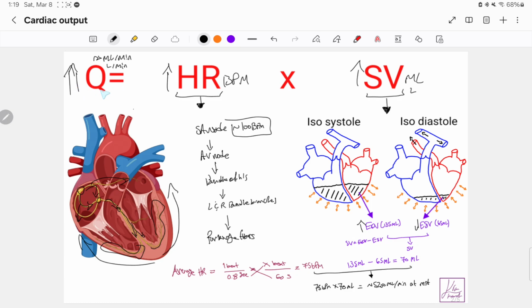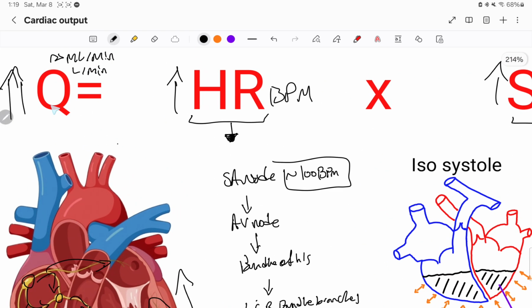But how much can the cardiac output increase to? We said at rest it's about 5,200. Well, guess what? The cardiac output in individuals like me and you guys watching can go up to around 20, maybe 20 to 25 liters per minute, okay? At heavy aerobic exercise.